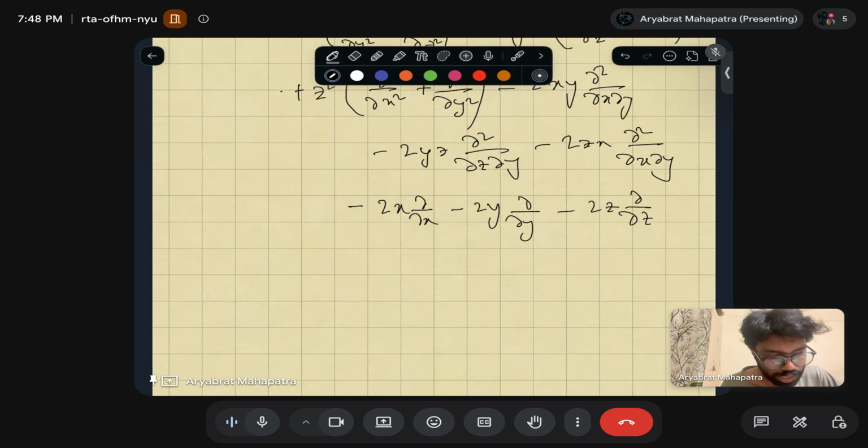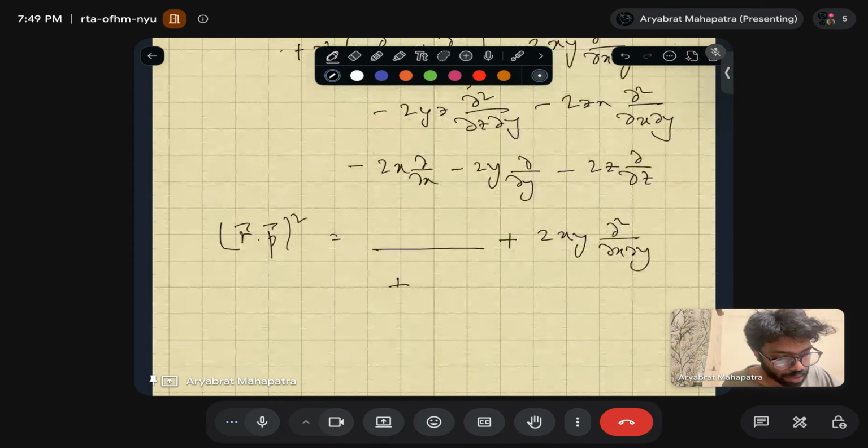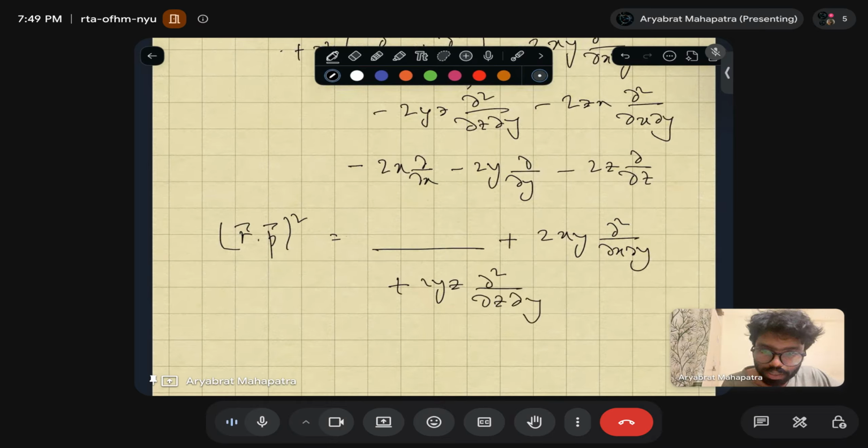Then you also check what you will get if you expand r dot p square. There also you will get some terms plus 2xy del square del x del y, and then 2yz del square del z del y. So when you take L square plus r dot p square, this thing will cancel with this.